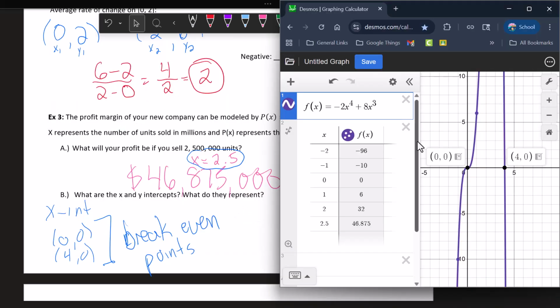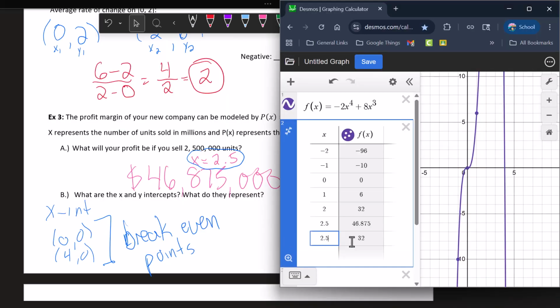Well, very simply, put it in decimals, and you can just type in your 2.5, and that's what our y value is. But that's in millions, so that's 46,875,000 units. Or, sorry, dollars. A lot of good stuff there.